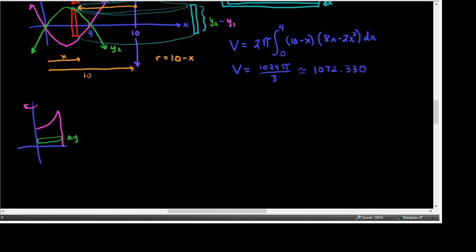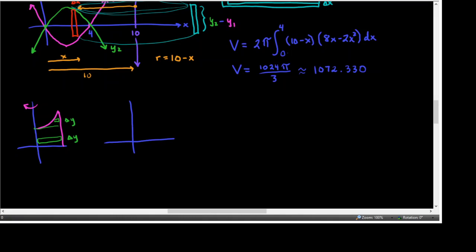On the lower part, it would go from the y-axis to the vertical line, but once you got to this point right here, you'd have to change gears, and your representative rectangle would go from the curve to the vertical line. And so you'd have two different integrals that we set up. We went through all that, and it was kind of painful, and I didn't like it, and I'm hoping you were kind of like disgusted with it too. So let's talk about how to do it the right way.